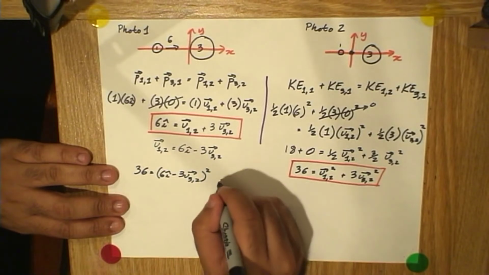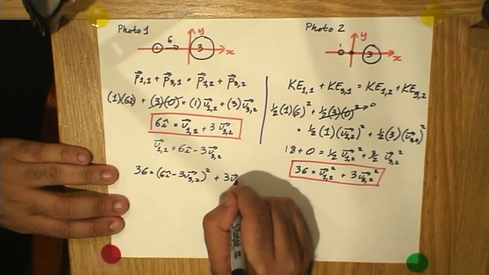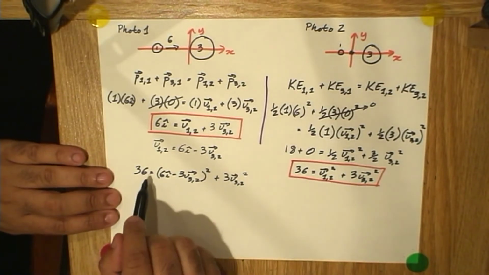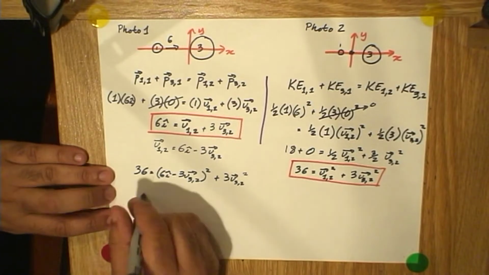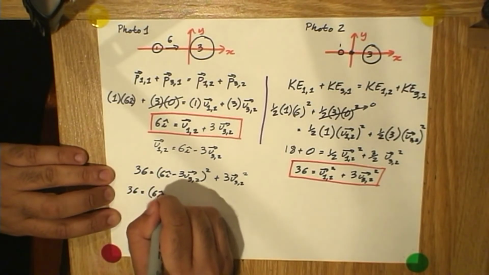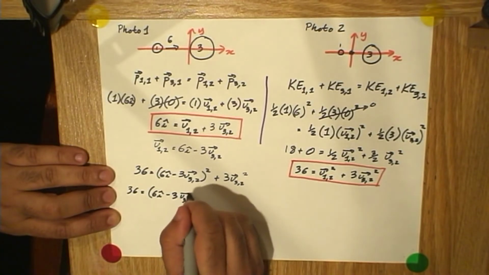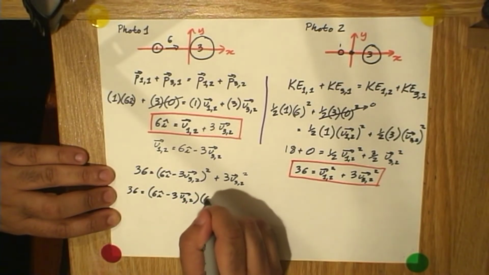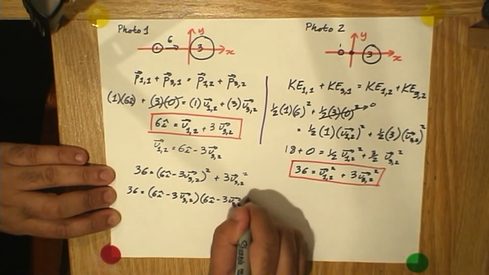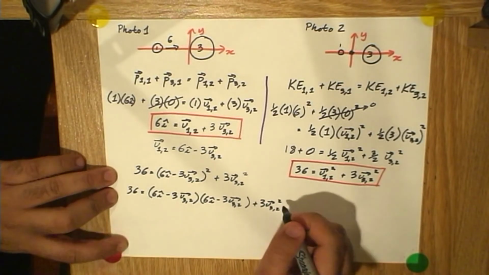This whole thing gets squared, plus 3 V32, velocity of the 3 kilogram in photo 2, also squared. Now, to multiply this out, we basically write this twice and then do FOIL, like this. 6 i hat minus 3 V32 multiplied by 6 i hat minus 3 V32 plus 3 V32 squared.